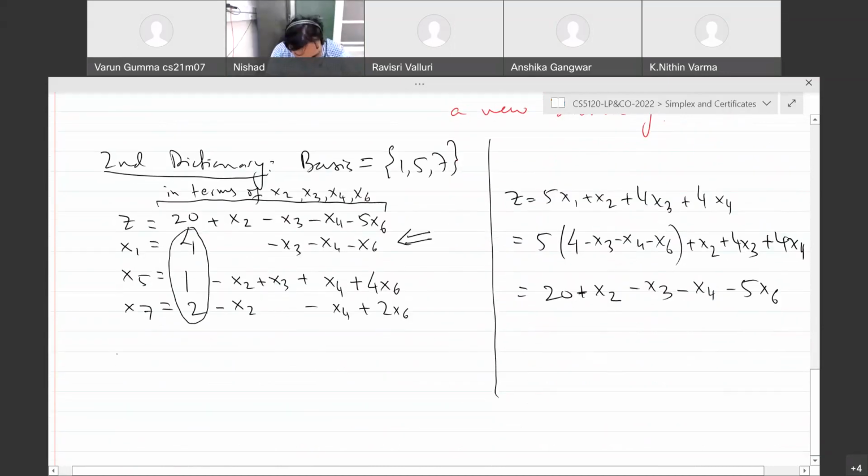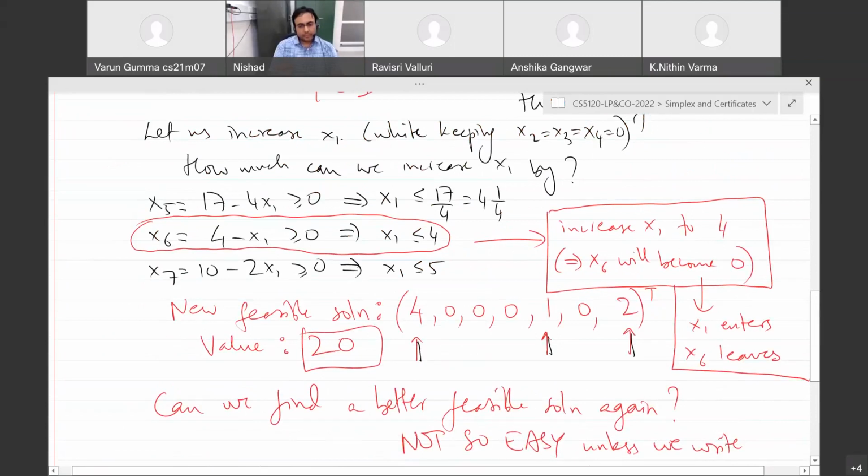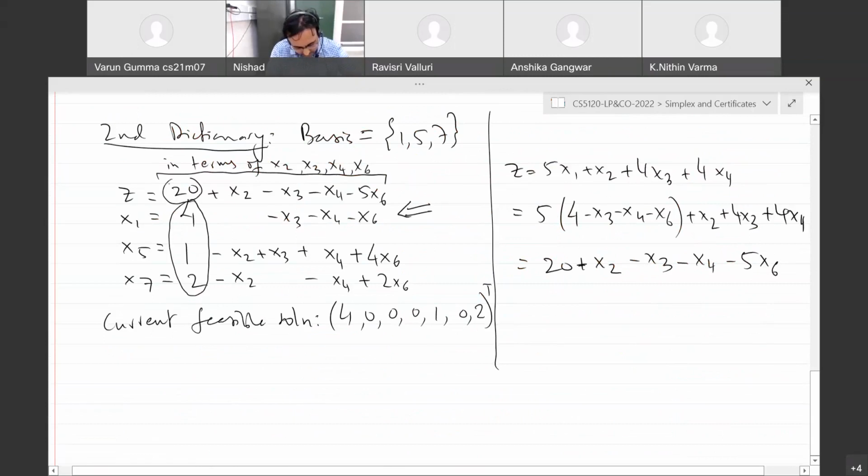So the current feasible solution is precisely 4 followed by 3 zeros, 1, 0, 2. Right? Which is exactly what we wrote earlier. And its value is basically what you see here.